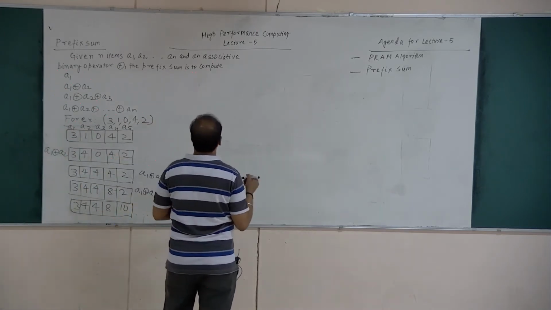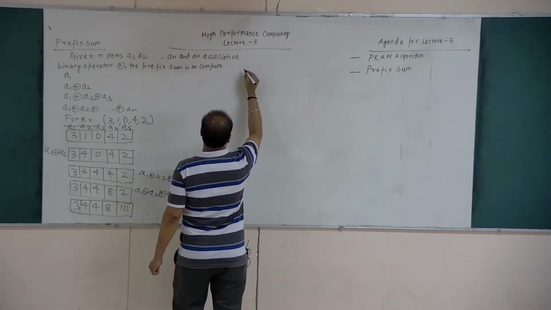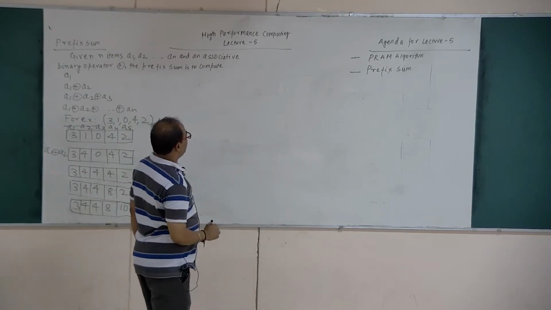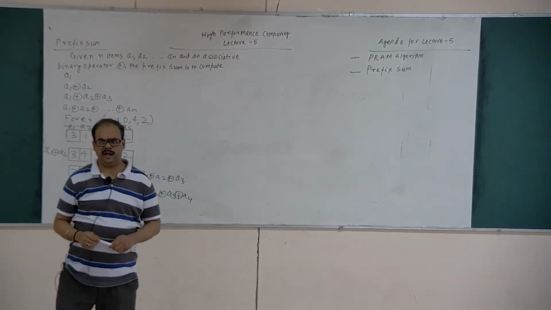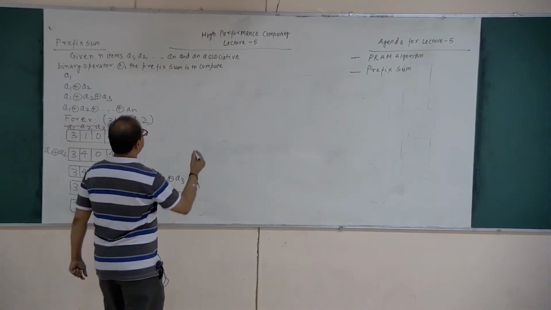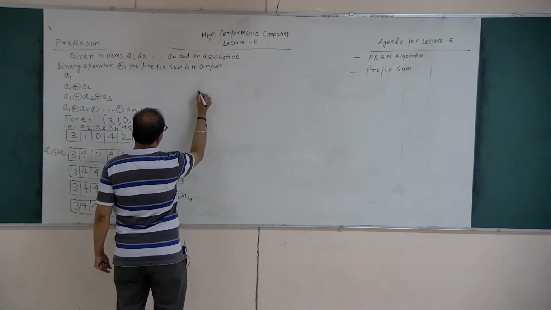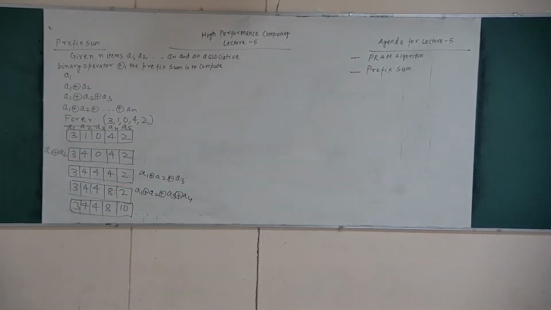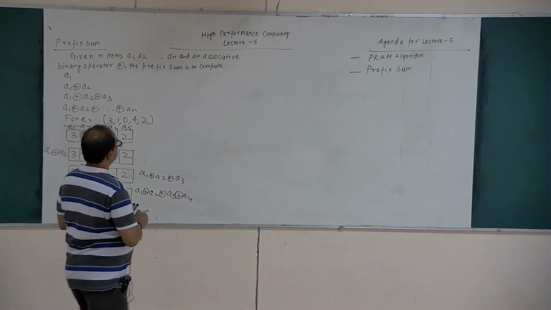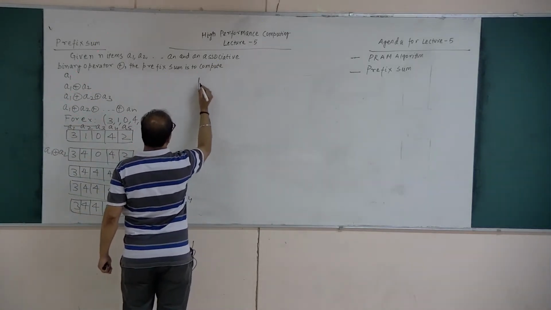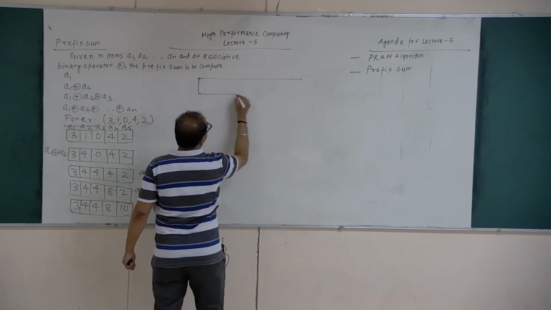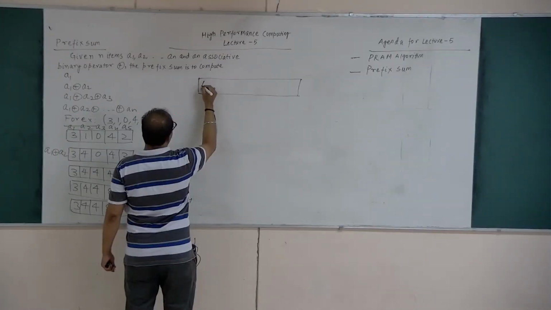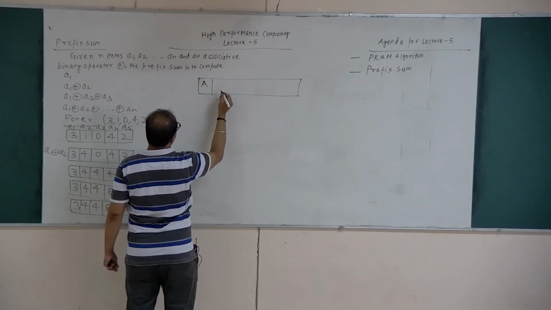Next, the prefix sum problem has many applications. You can take an example. Suppose I am given an array of n letters, which may be capital or small case letters.